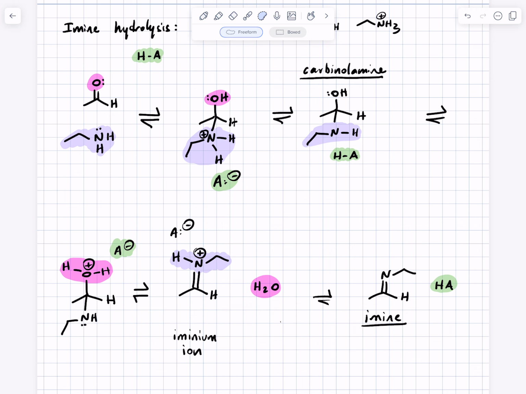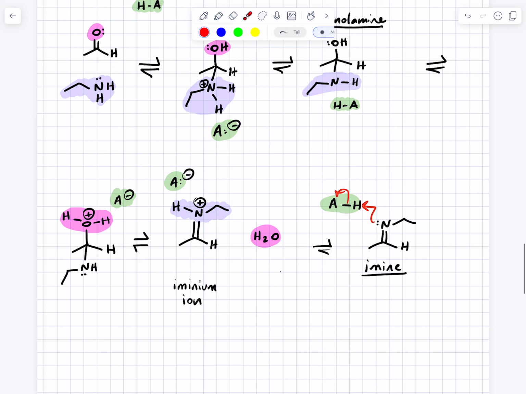How do you think I get from the imine to the iminium ion? What's changed? What's the new bond? Nitrogen, hydrogen. Therefore, how should I draw my arrow? Lone pairs on the nitrogen attack the acid, right? Okay, great. And if I look at what I had before, that intermediate shows a protonated nitrogen, and it also shows the conjugate base of my acid. So we're good to go.